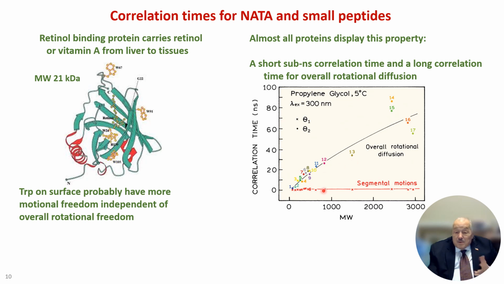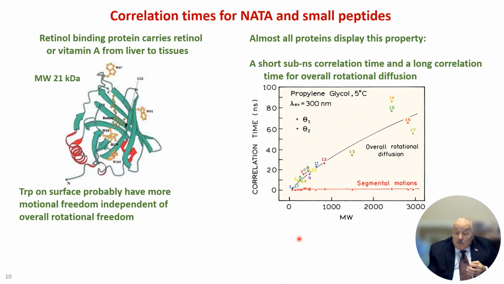And this was a very interesting plot, and I cannot remember the author, but I decided at the beginning I shouldn't be using author names because there'd be too many of them. But almost all proteins display this property: a short, sub-nanosecond correlation time, and then a long overall rotational correlation time.